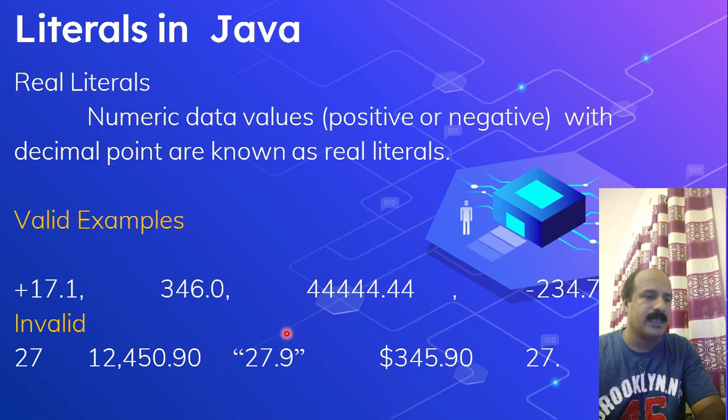Now here, everything is correct, 27.9 is correct, but it is given in double quotes. It's also not possible. Here also everything is correct, but this dollar symbol comes. So you cannot add special symbols, as I have already mentioned. Now here, 27 point. After the point there is nothing written. That is the problem. You need to write something after the point also. If you don't have anything to write, then 27.0 will also work.